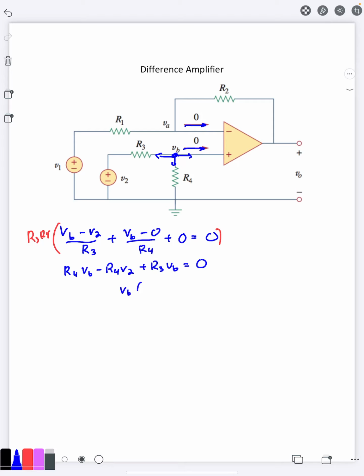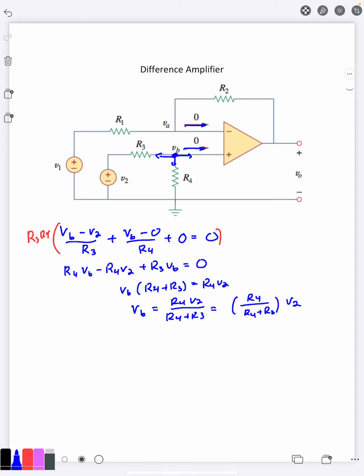We're going to go ahead and have VB here, then it's R4 plus R3 equals R4 V2. So VB is R4 V2 over R4 plus R3. And if you want to rewrite this here, we have essentially our scaling factor here times the input voltage V2.